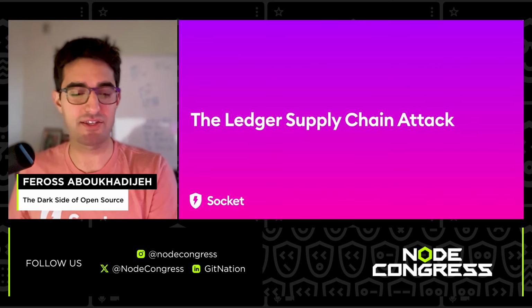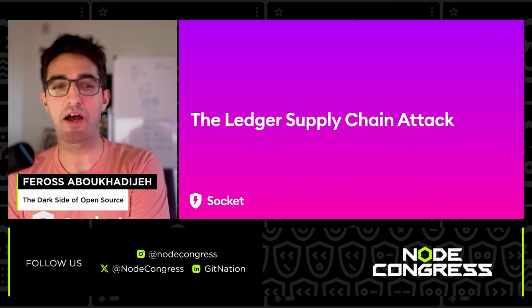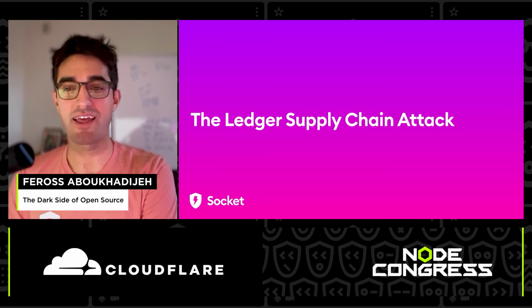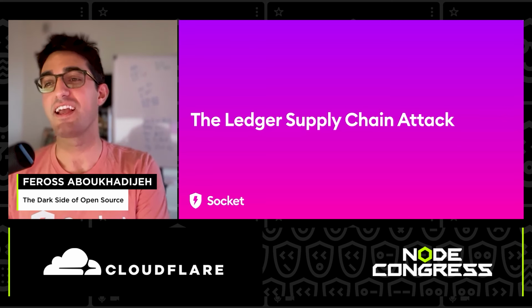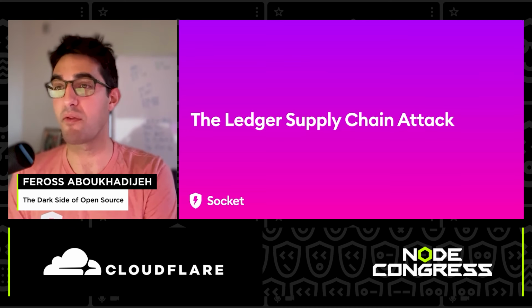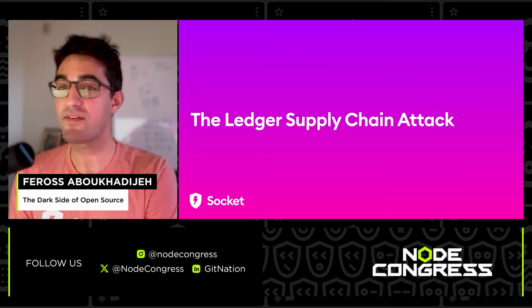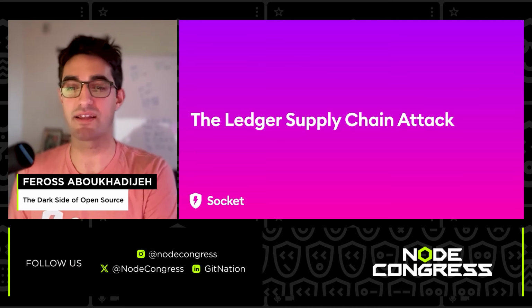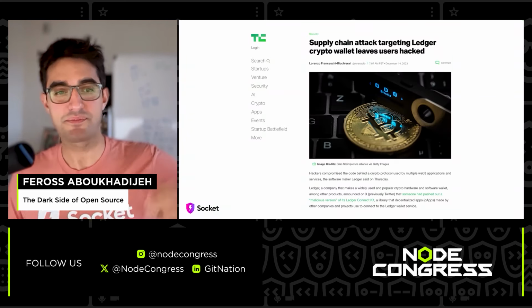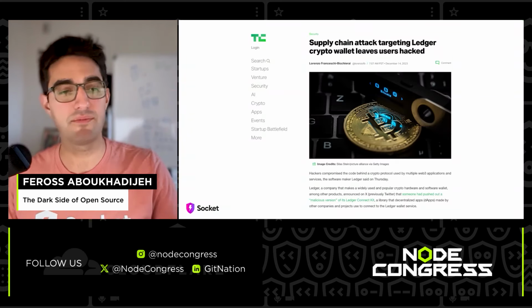So now I wanted to spend some time going over a recent supply chain attack that I think was particularly interesting. This one comes from December 2023. So this was only a few months ago, and you might have even heard about this or seen the headlines. Let's get into it. This is a real world example.